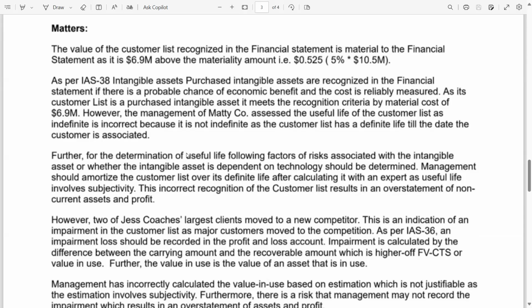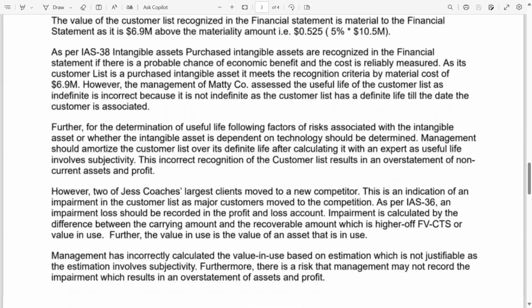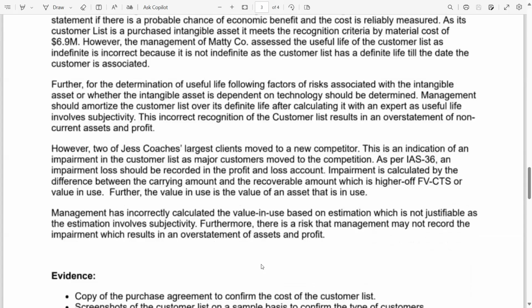Impairment is calculated by the difference between the carrying amount and the recoverable amount, which is the higher of fair value less cost to sell or value in use. Further, the value in use is the value of an asset that is in use, meaning the value which you can generate by continuing use of that asset.